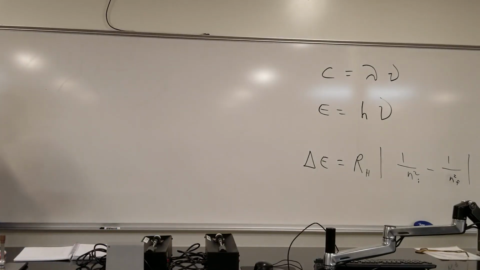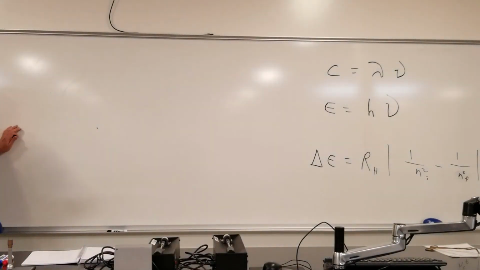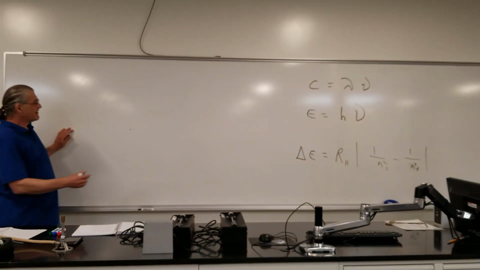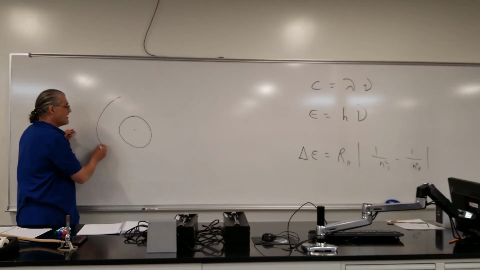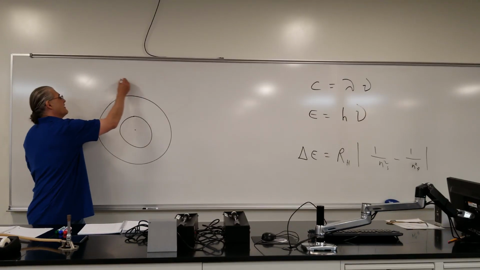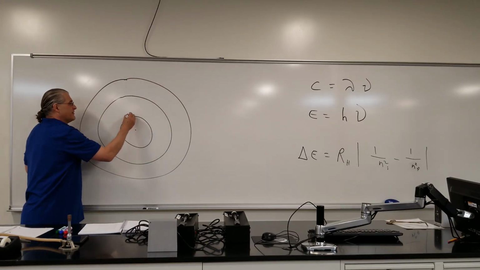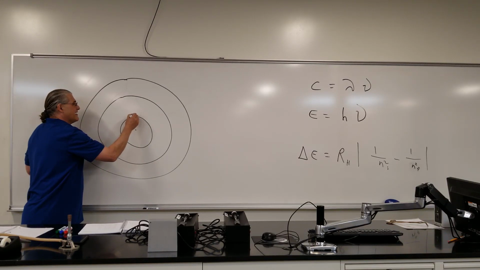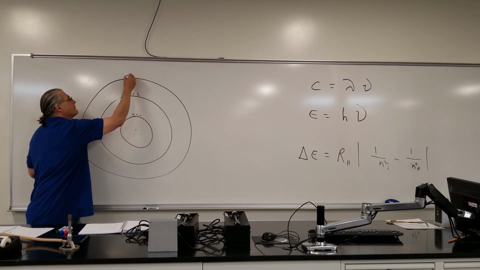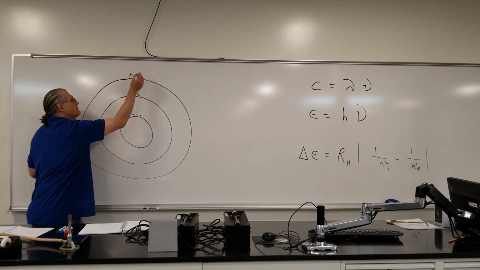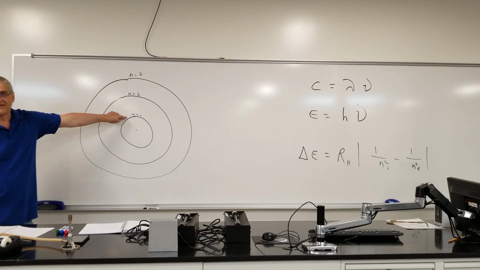For a hydrogen atom, the picture we have is you have the nucleus, which contains your proton, and then you have an electron, and the electron has to be in certain allowed orbits around that nucleus. It can be in the first orbit, we call that n equals 1, the second orbit, the third orbit, etc. You might recognize these as the principal quantum numbers that you've heard of in lecture.